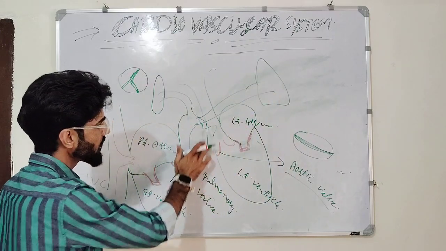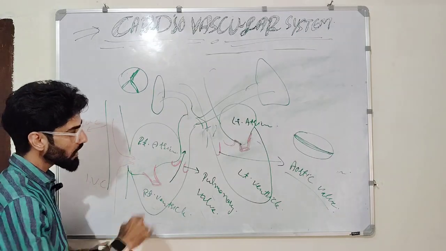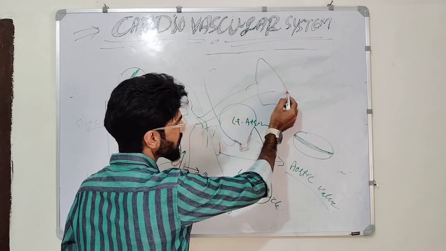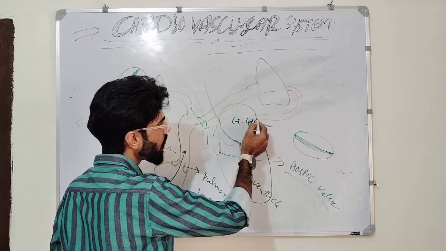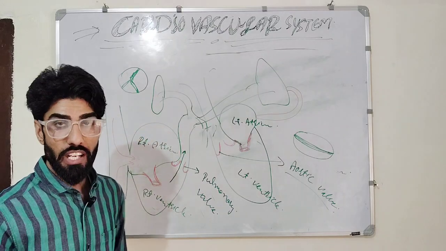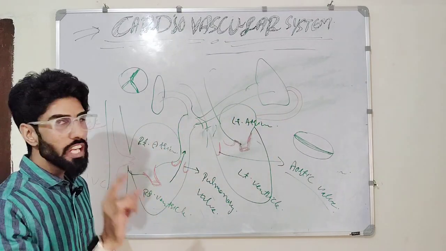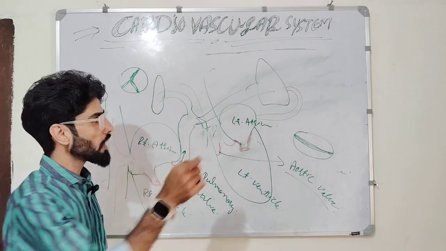Okay, the right ventricle will pump blood into the lungs, through which valve? Pulmonary valve. Then in the lungs, this blood will get oxygenated. Then from each lung, two pulmonary veins will come out.